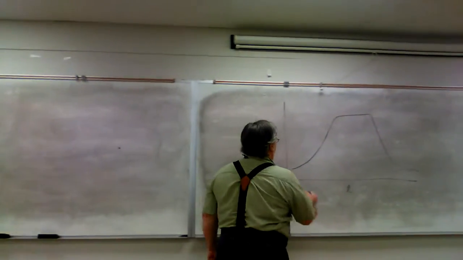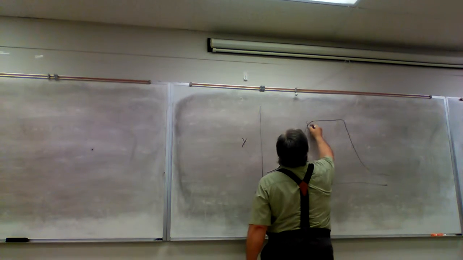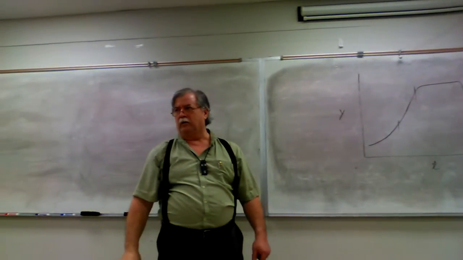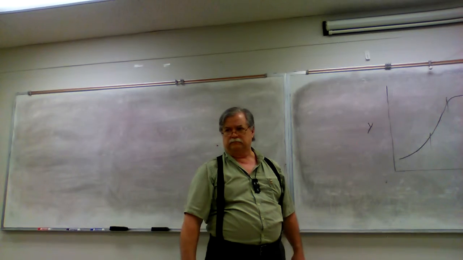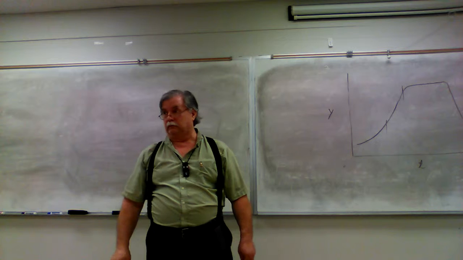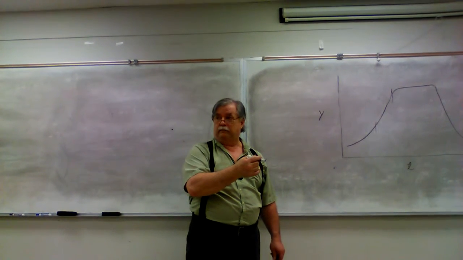If we look at it from here to here, what do you notice about it in that region, in that domain of the graph? That it is linear, which means what?